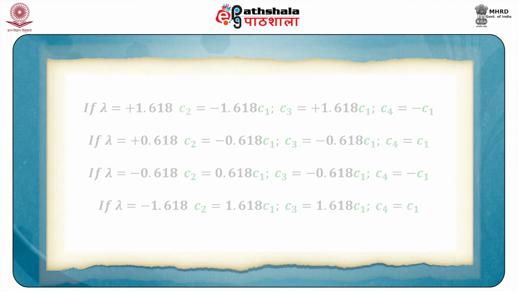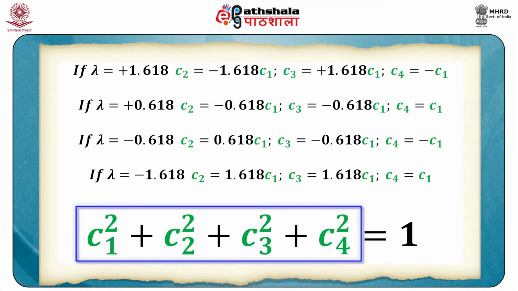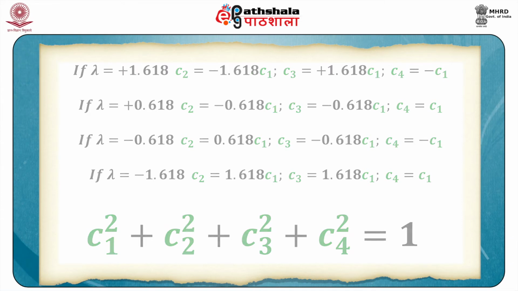And since we know also that the sum of the squares of these coefficients for any molecular orbital is equal to unity, that means C1 square plus C2 square plus C3 square plus C4 square is equal to 1, then using this equation and the corresponding relationships between the coefficients obtained above for each lambda value, we can get the exact values of the coefficients C1, C2, C3, C4 for each of these molecular orbitals.